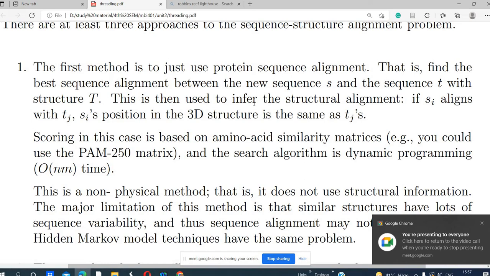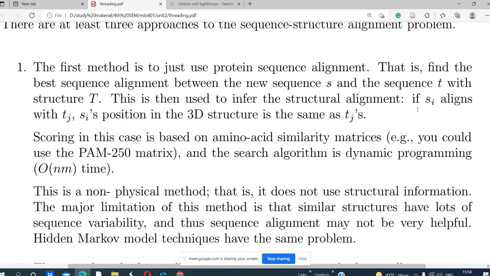This is then used to infer the structural alignment. So structural alignment is important. If sequences are similar, there may be a similar fold structure also. Even if the sequences do not share exact identity, we can align amino acids of the same nature with each other, like arginine with lysine.